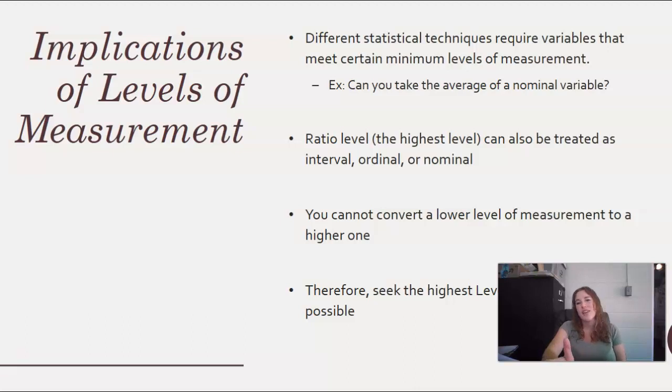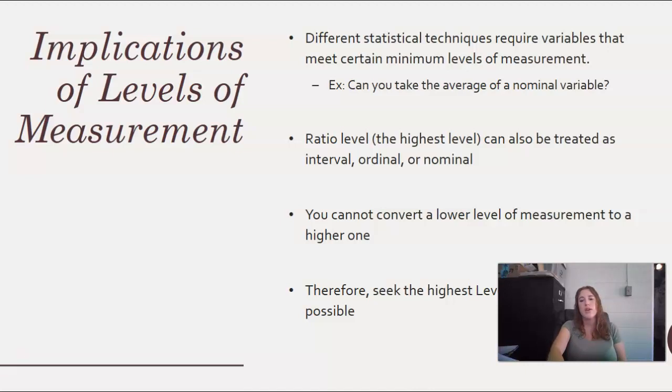Can you average that? No, it wouldn't make any sense mathematically or logically to take an average of that variable. What you can do is tell us the mode, which is the most common. So you could say, in our study, the mode of gender was this, which meant that most of our study was comprised of females, or most of our study was comprised of males. That's really as far as you can go with that.